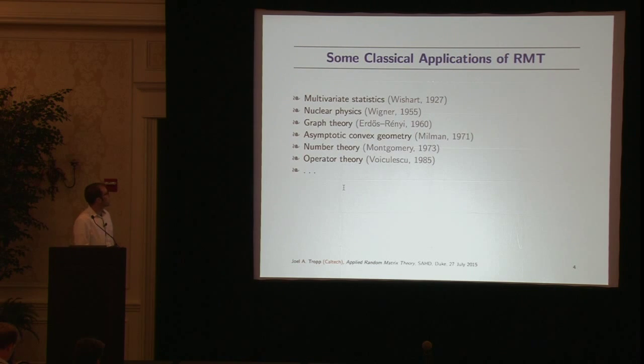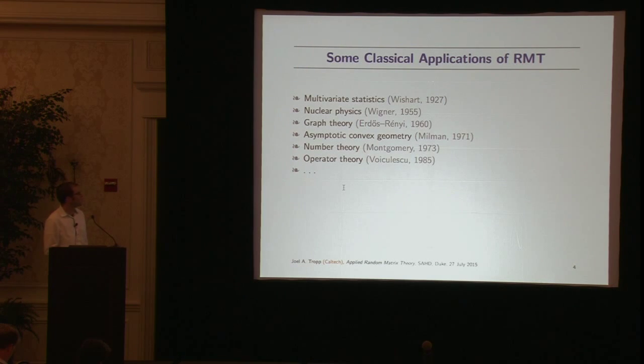So some of the areas where random matrix theory has historically played a role are multivariate statistics, beginning with the paper of Wishart from 1927, in which he studied the distribution of the sample covariance matrix of a multivariate normal distribution.